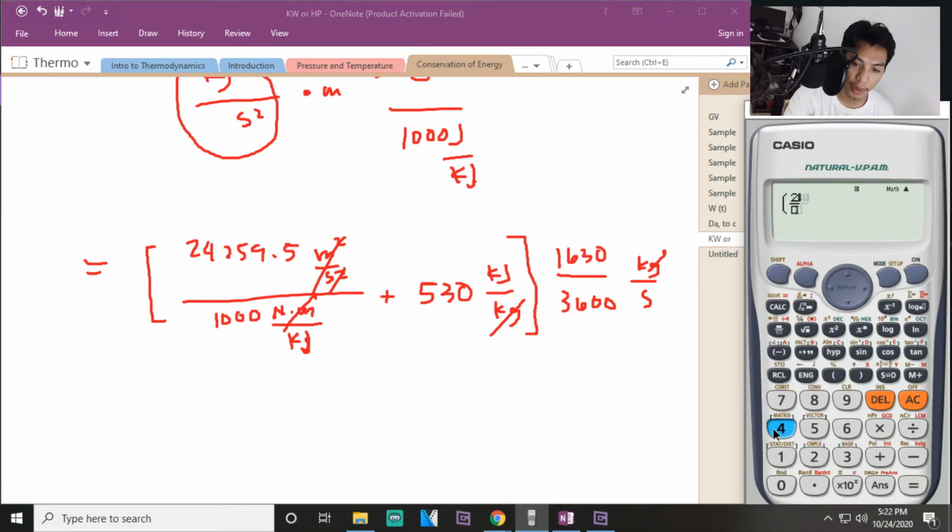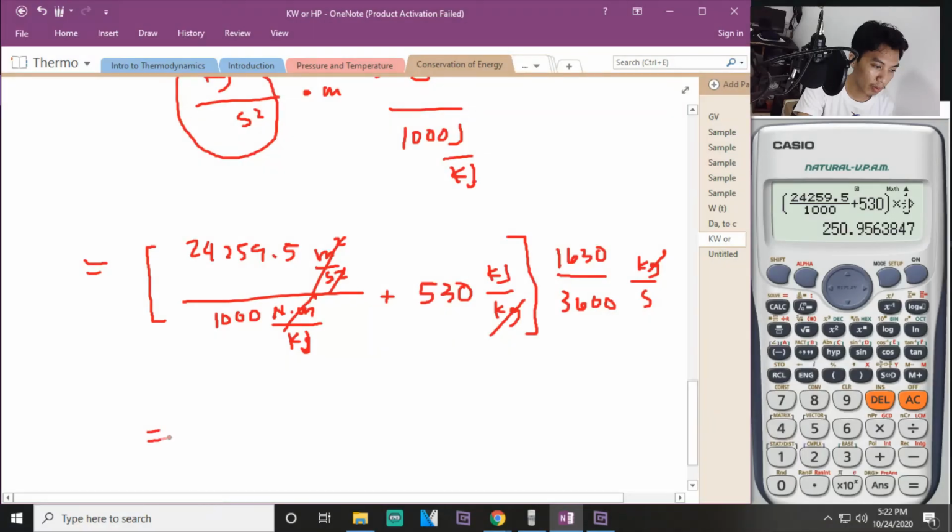So, 24,259.5 divided by 1,000 plus 530 multiplied by 1630 divided by 3,600. Yan. So, the answer is equal to yung work niya.